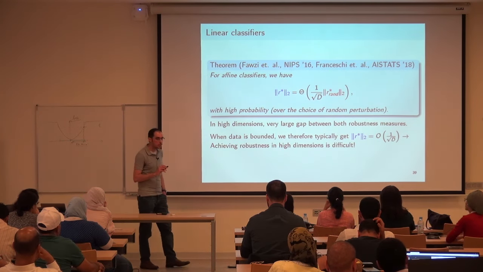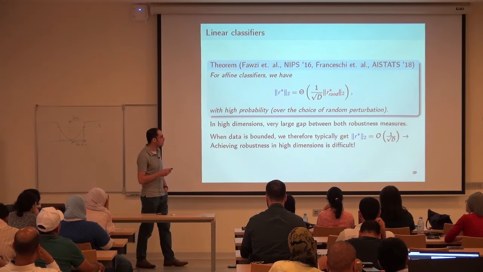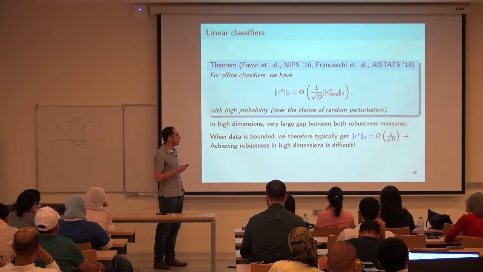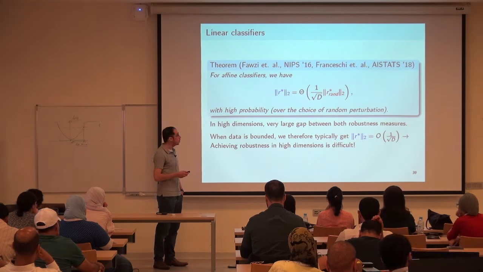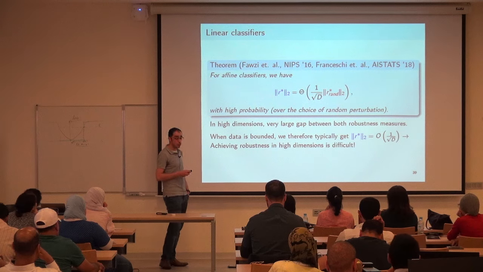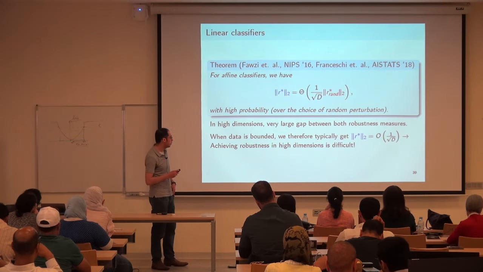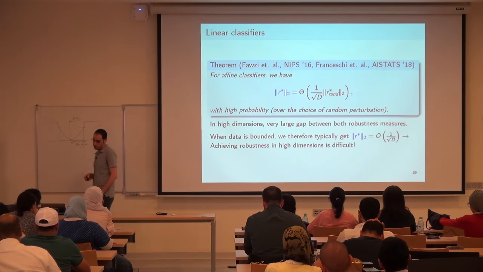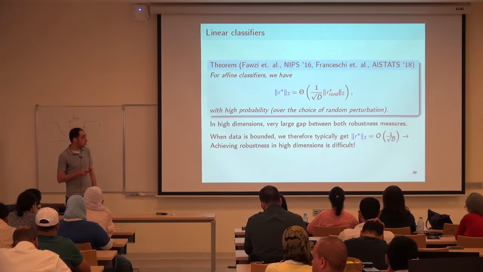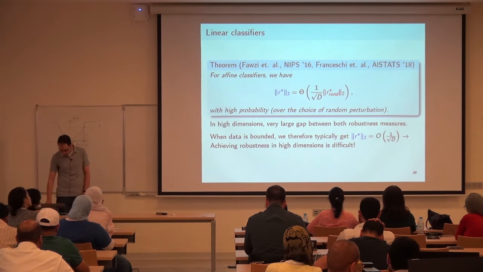And this is something that we see also empirically, or at least we hypothesize that we see the expression of it empirically: when you consider tasks such as ImageNet, which are very high dimensional, you get robustness which is very small compared to things that are more low dimensional. So in high dimensions, this is really a problem: you have this 1 over root d factor that you cannot go beyond.